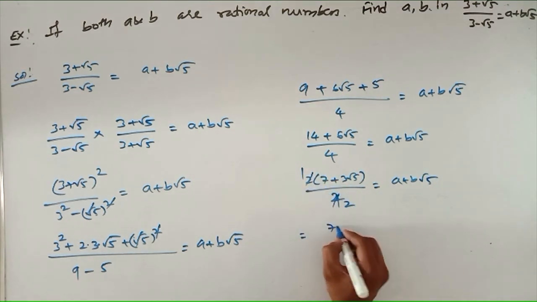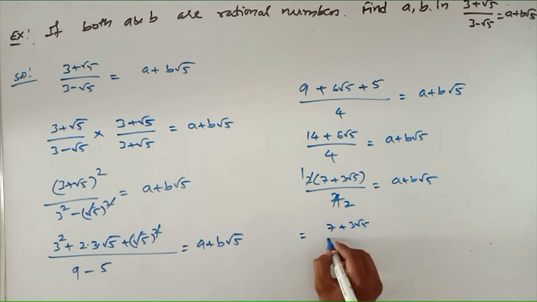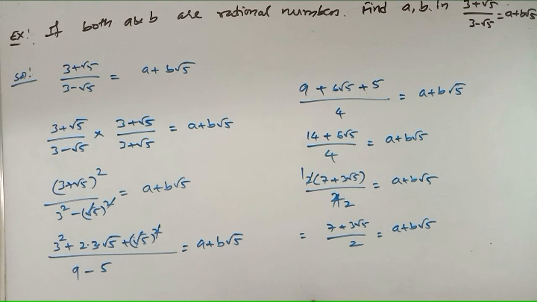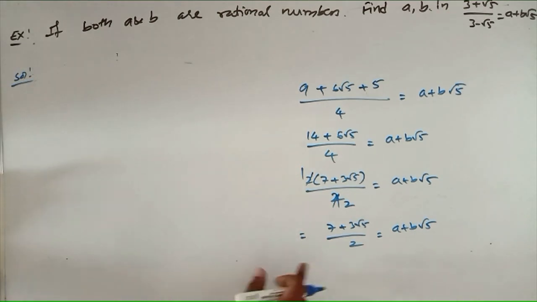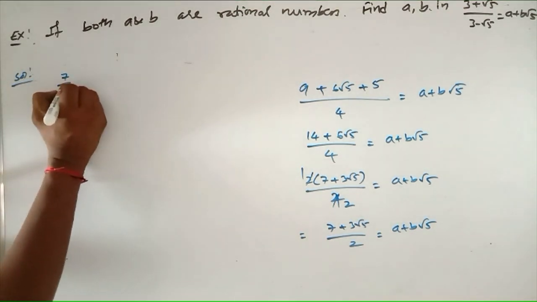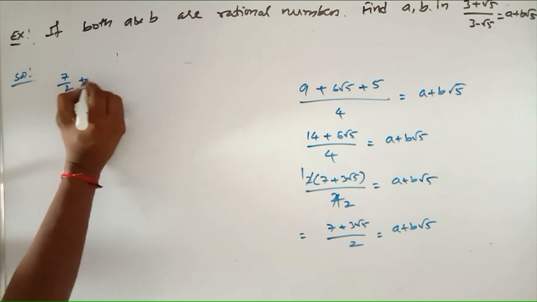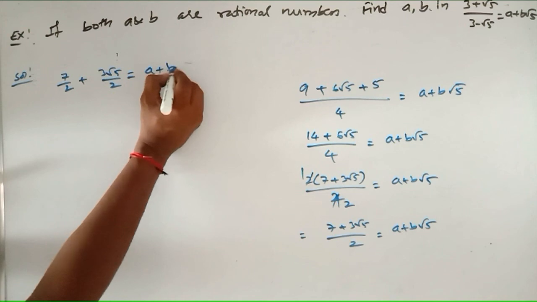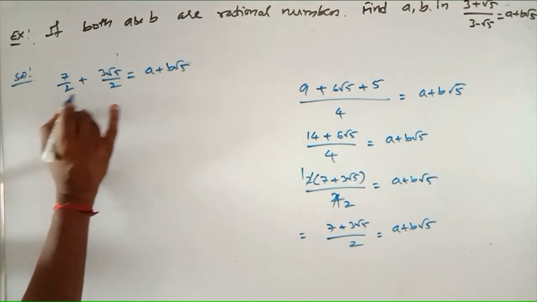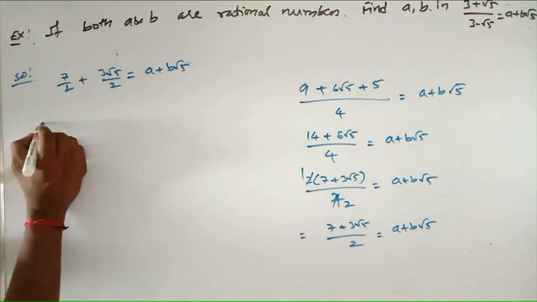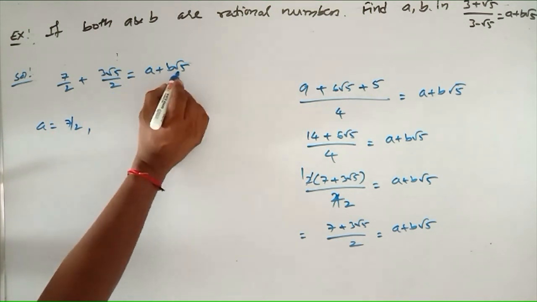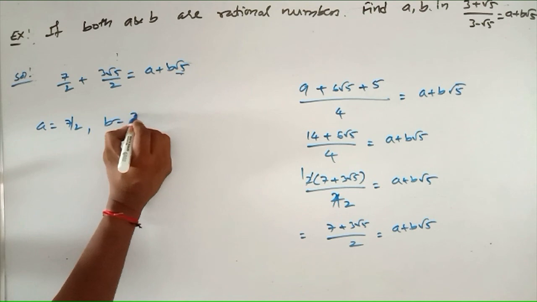Now that's equal to 7 plus 3 root 5 by 2 is equal to a plus b root 5. Now children, I am expanding this. 7 by 2 plus 3 root 5 by 2 is equal to a plus b root 5. So see here, by comparison a is equal to 7 by 2 I am getting, comma b, here root 5 is gone, then b is equal to 3 by 2.